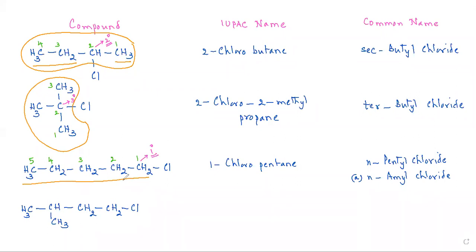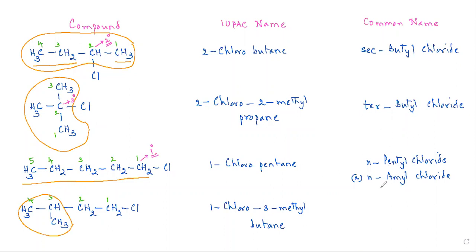1, 2, 3, and 4. So this is 3. Okay. 1-chloro-3-methylbutane. Right. And see, the arrangement is iso again.